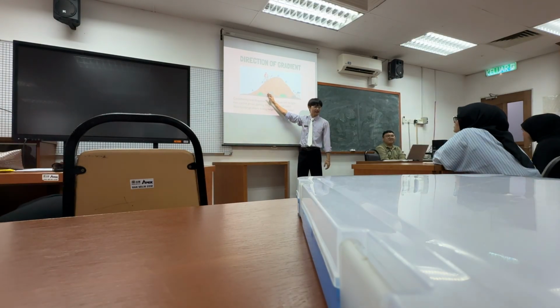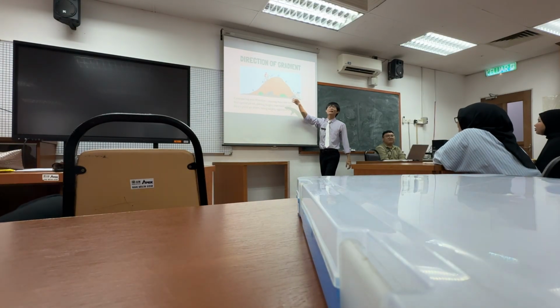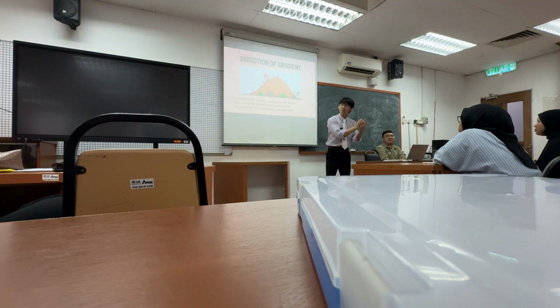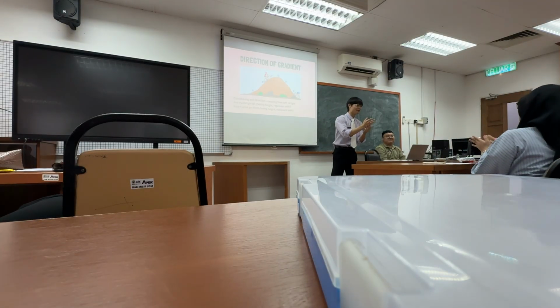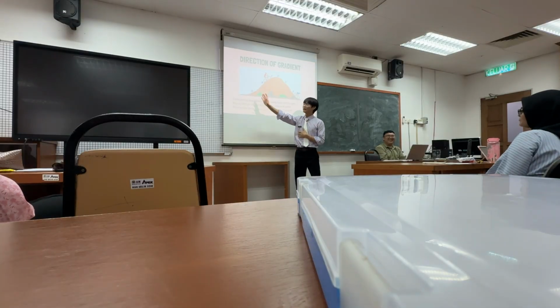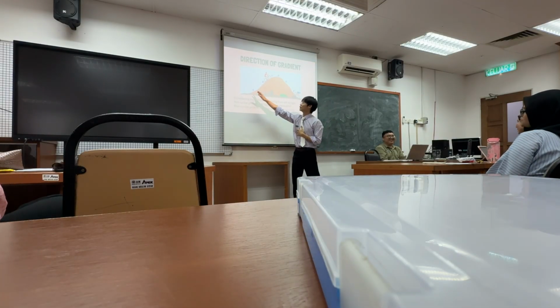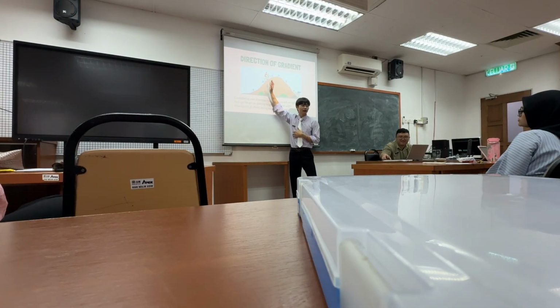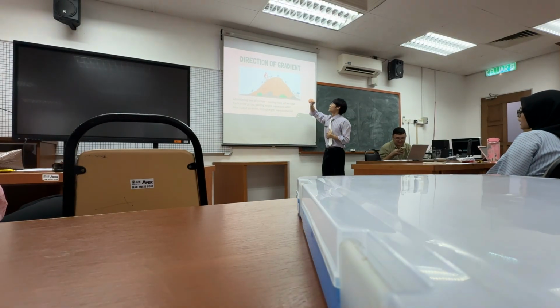The height. Good. When something is increasing, you represent it with what sign? Positive. Good, positive sign. So if you see something going from left to right and the vertical distance is increasing, it is represented by positive.